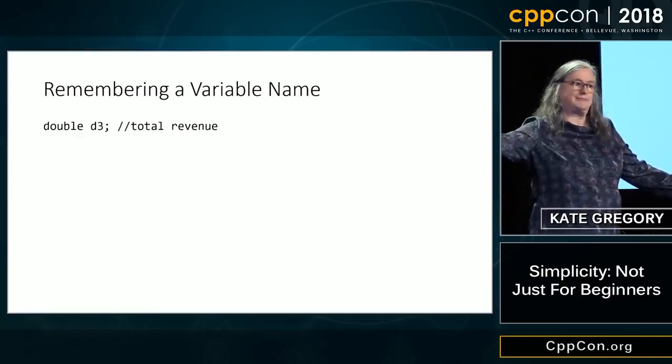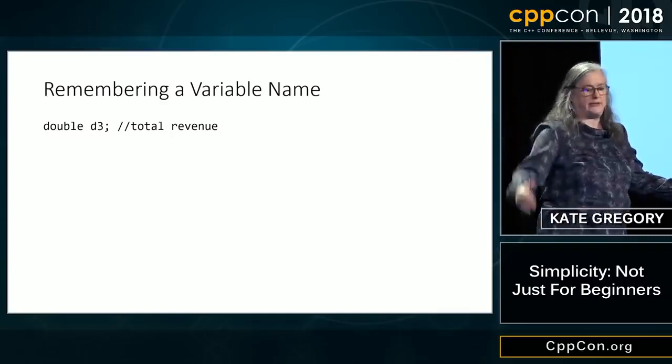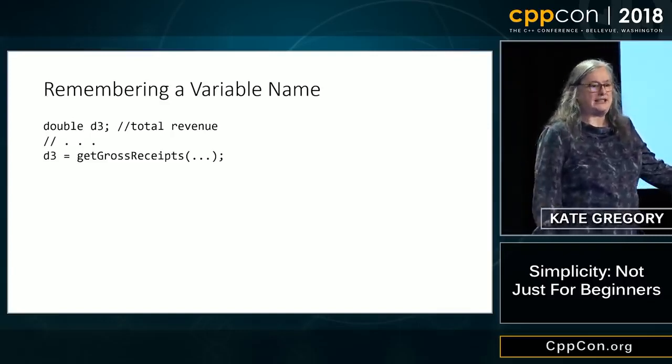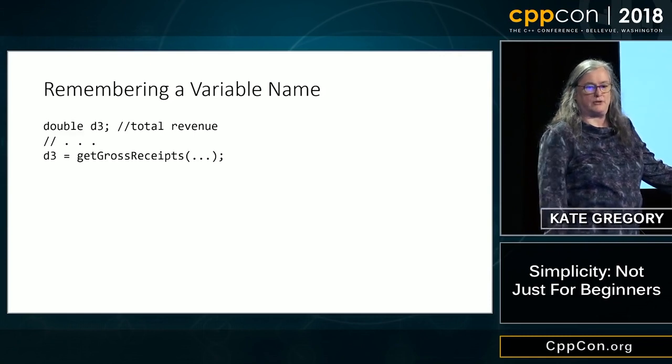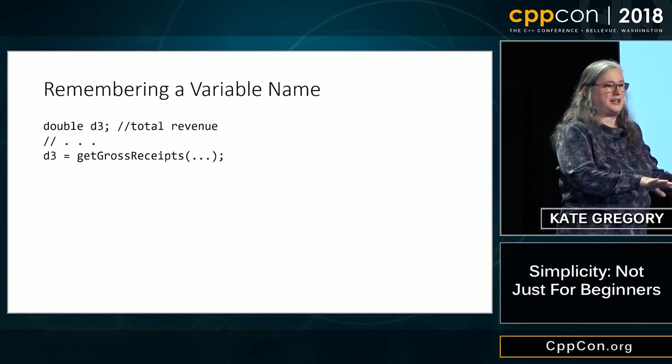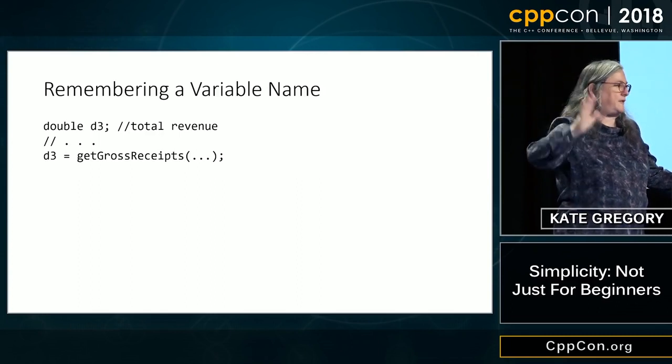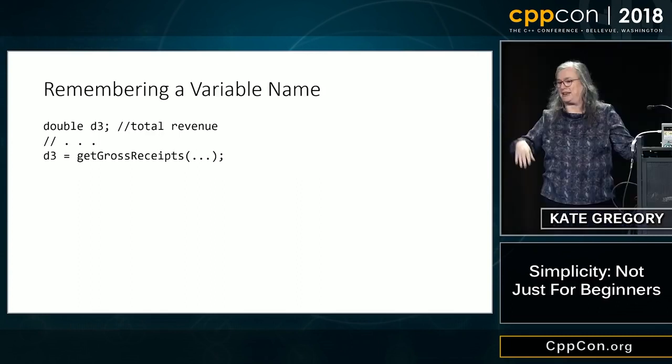There's a comment. You can all be consultants after this talk. A couple thousand lines later, the variable gets a value. That's a different peeve, right? Wall of variables at the top, like literally 50 lines of variables being declared, and then we'll start using them. Why didn't we go double D3 equals get gross receipts? Because we didn't.